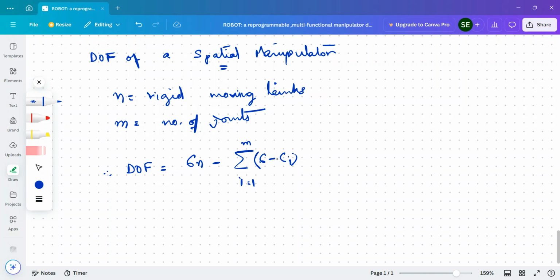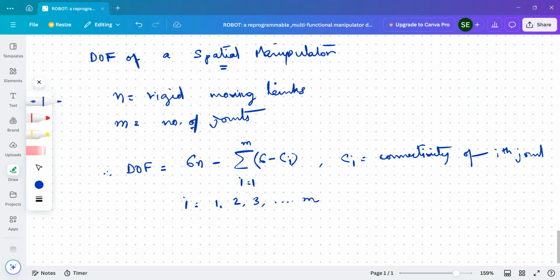Now, what is ci? Where ci is the connectivity of the ith joint. Now, what is this actually? Let the number of joints be i equal to 1, 2, 3 till m, where m is any number.